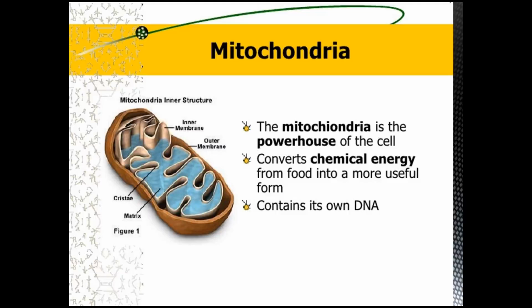For this reason, the mitochondria is referred to as the powerhouse of the cell. Why is mitochondria called the powerhouse of the cell? Because that organelle produces adenosine triphosphate, which forms the energy currency of cells.